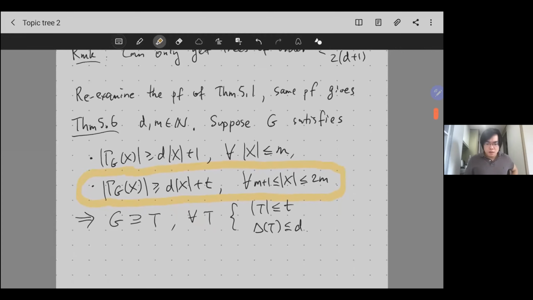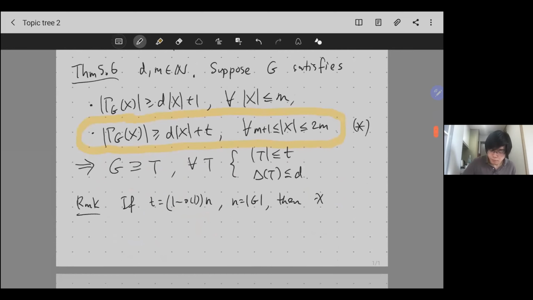Okay, so here, a remark, just to write down what I just said. If T is (1 minus 0.1) times n, where n is the order of G, then this is basically, not exactly, but basically the large set expansion property we've seen from Exercise 4.4.